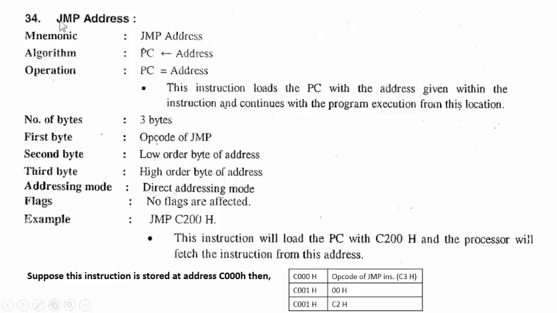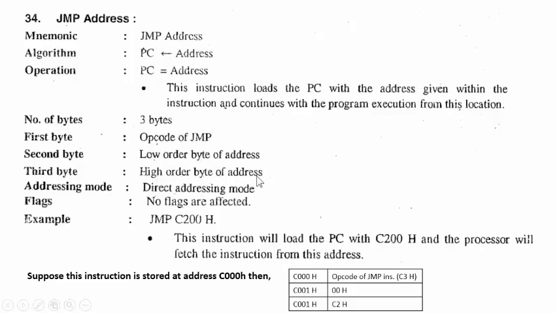The first byte of the JMP instruction is the opcode, that is C3X, and the next 2 bytes are for the 16-bit address, lower byte address and higher byte address. So the first byte is the opcode of the jump instruction, the second byte is the lower order byte of the address, and the third byte is the higher order byte of the address.